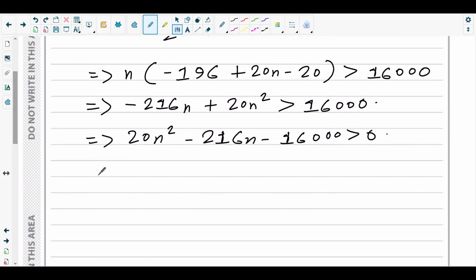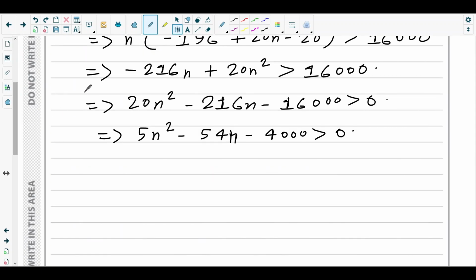Okay, now divide both sides by 4. So you will get 5n squared, negative 216 over 4, this is 54n, negative 16,000 over 4, it is 4,000. Okay, so negative 4,000 greater than 0.